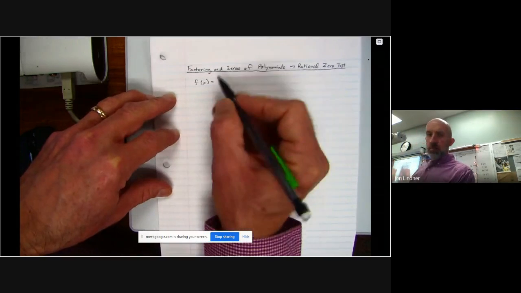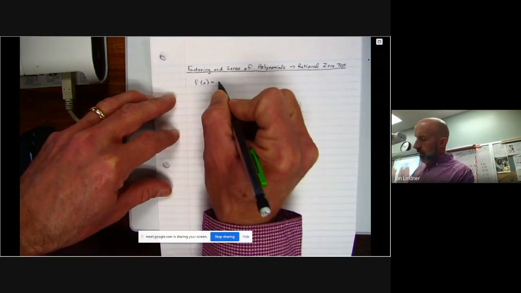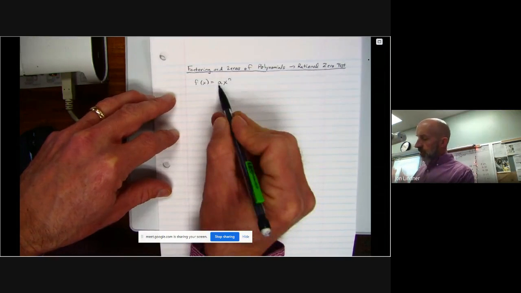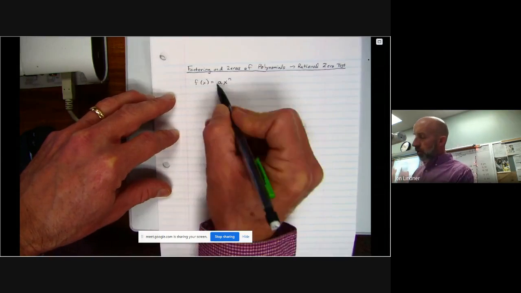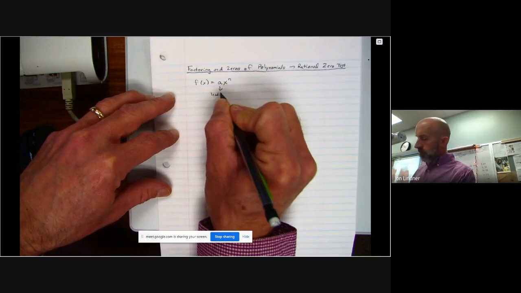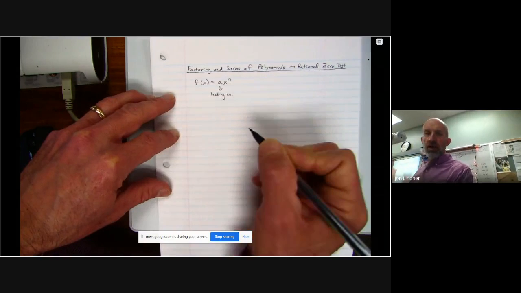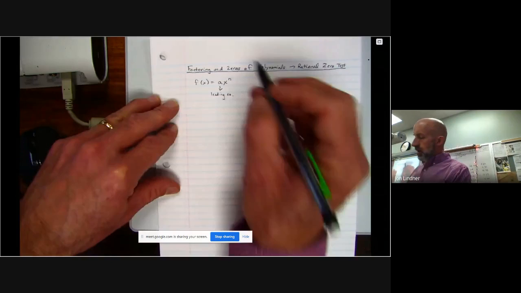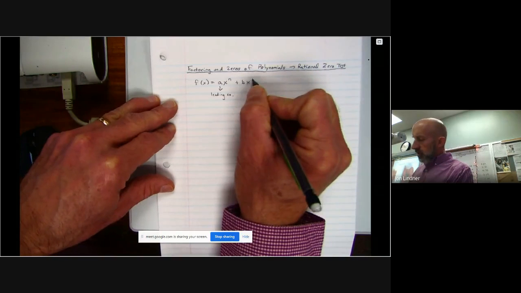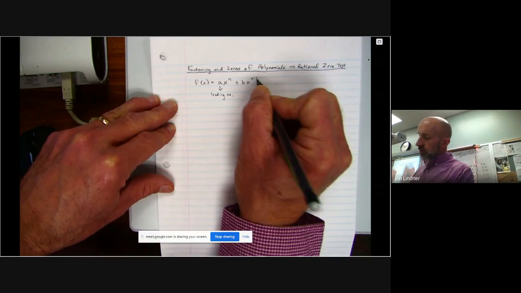If I've got some polynomial, a x to the n, and of course a is our leading coefficient. Okay, that is our leading coefficient. Plus whatever the rest of this polynomial is, what's in between doesn't matter too much.